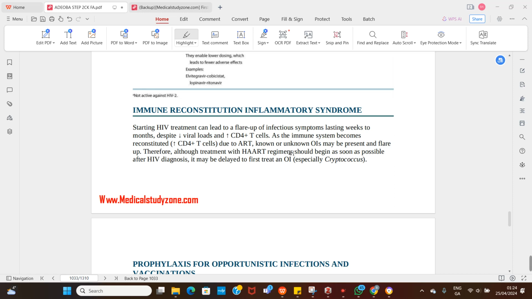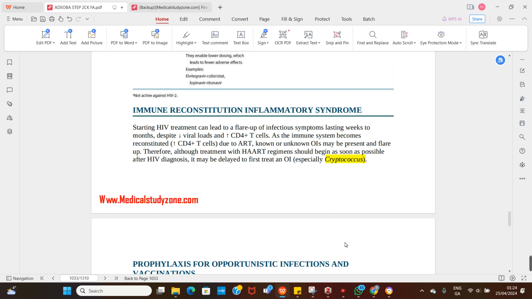And I want us to pay attention to three major infections. Number one that we have here is Cryptococcus. We will see Cryptococcus more in questions with respect to the immune reconstitution inflammatory syndrome, but I want us to also remember that it might also affect tuberculous meningitis and CMV retinitis. So a patient with CMV retinitis, Cryptococcus infection, or tuberculous meningitis, you want to be careful about immune reconstitution inflammatory syndrome.